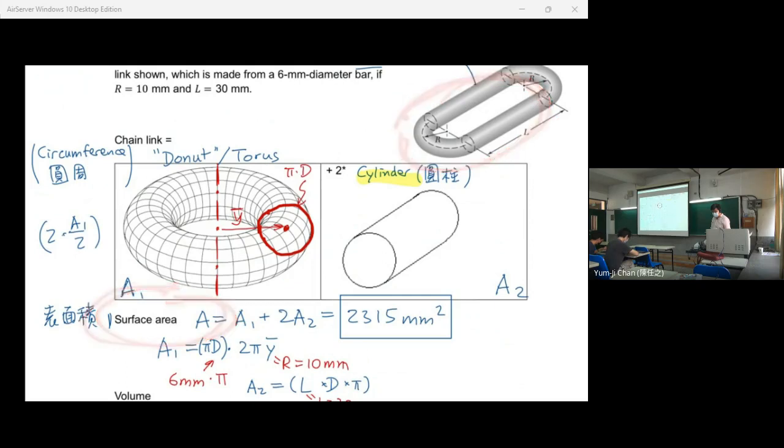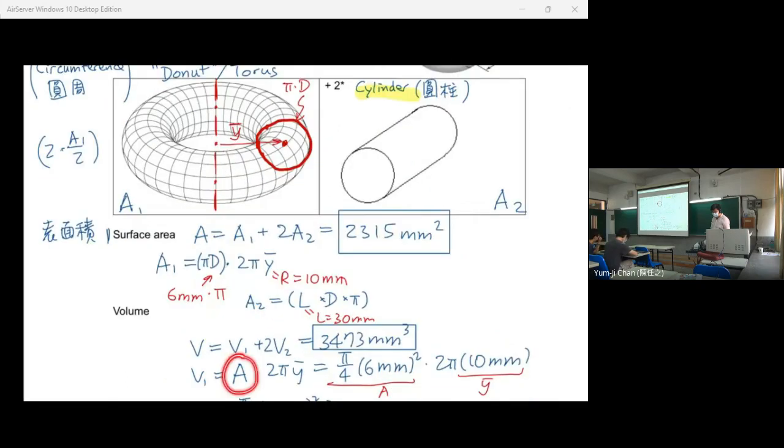And for the A here, this one is how to generate the volume. So the A below is the A here in the cross section, and then we get the volume from this area. So the A below is this one. Very good question.